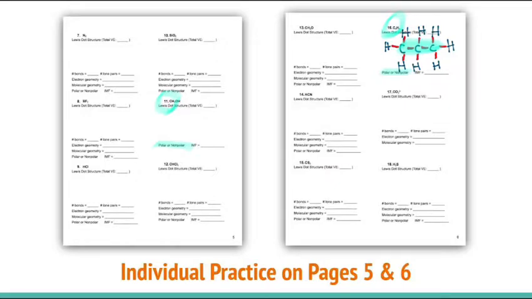So consider all of those carbons the central atom, and that should be able to get you your correct answer there. Even though we had a little bit of a weird structure over here on 11, it shouldn't be anything that you can't ask yourself those same 2 questions. Are there lone pairs on my central atom? Are the outer atoms different? And that should get you your same polar, non-polar answer.